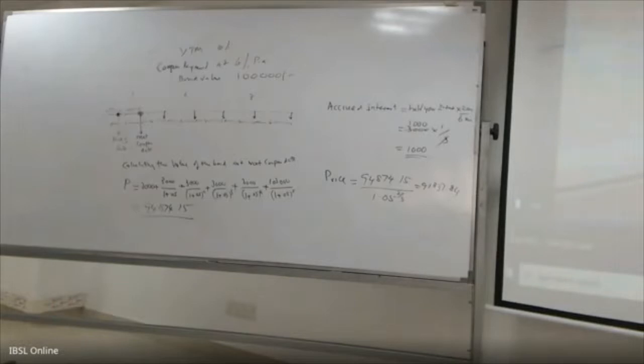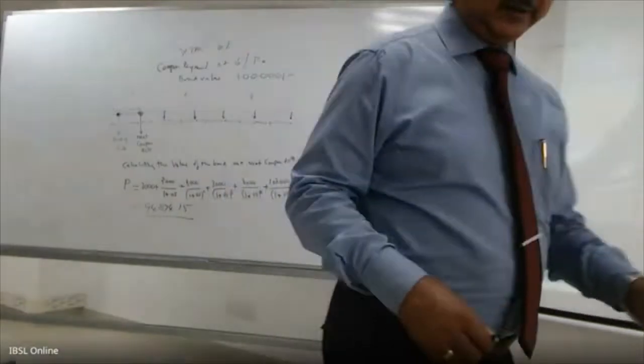Actual means if the year is a leap year, we have to apply 366. If the year is a normal year, we have to apply 365. These are the conventions. It's also useful to understand.